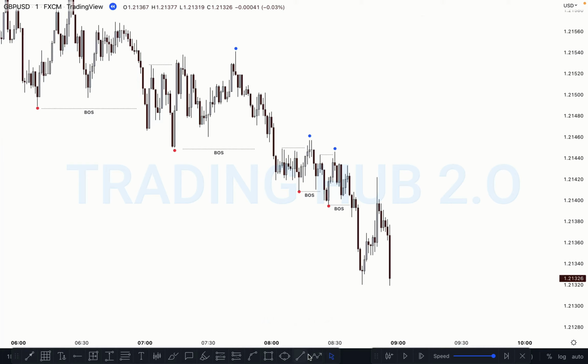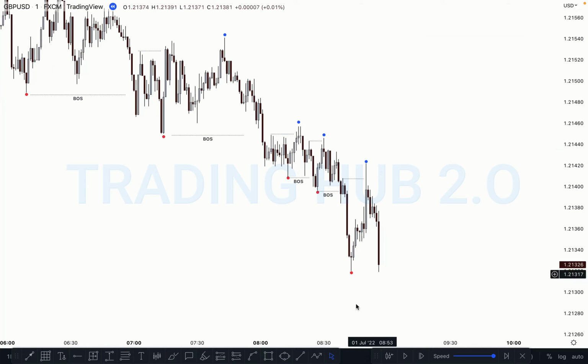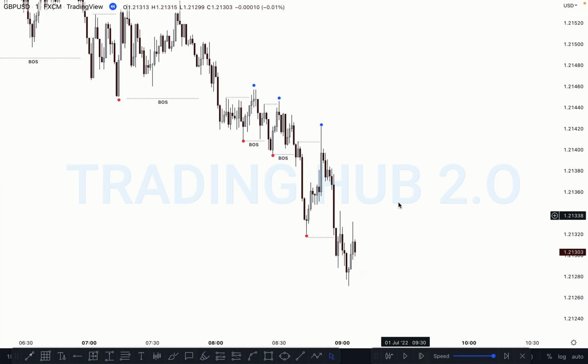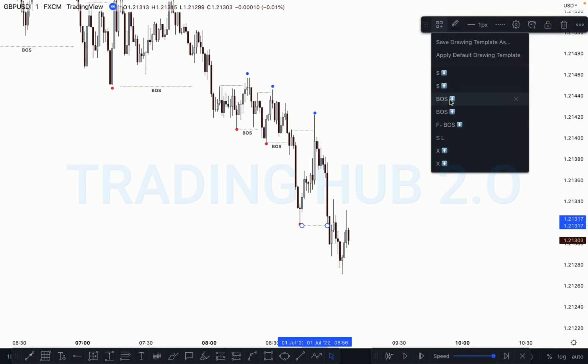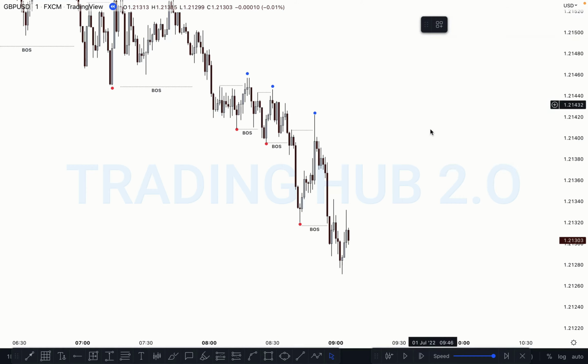As you can see here, the market took out this high, and this becomes our new lower low, and this becomes our new lower high, correct? And if price again closes below it, this will be called break of structure. Price closed below it, and this one is called break of structure.